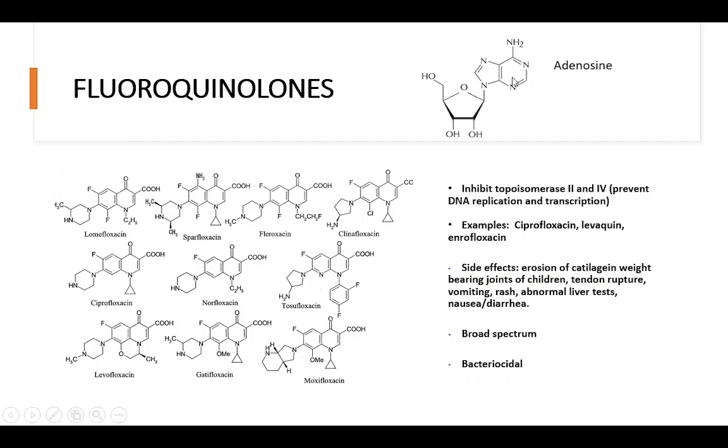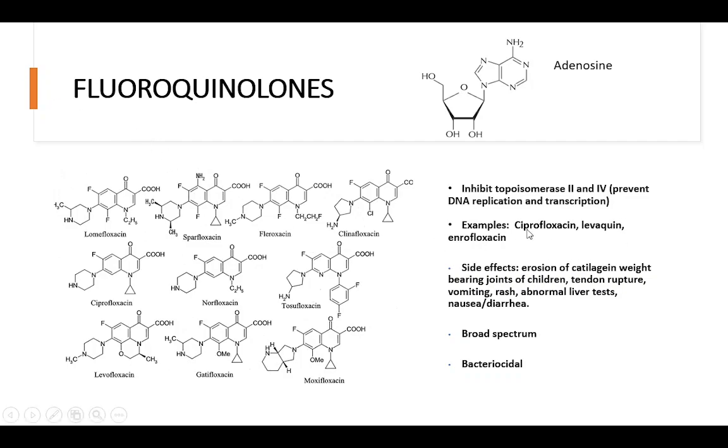So this nitrogen here, and all of these fit really nicely into the pockets of those replication machineries, the topoisomerases specifically, and it just gets in the way and makes it not function. If you cannot correctly uncoil DNA, you can't replicate, and that's bactericidal.